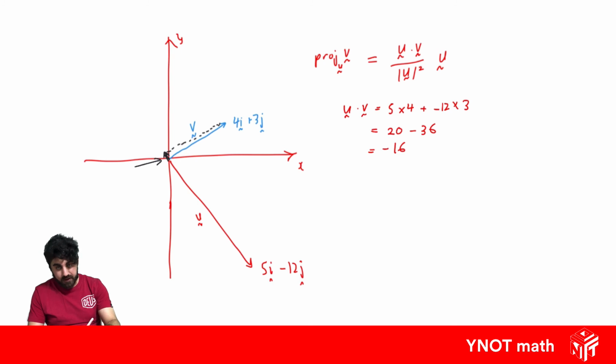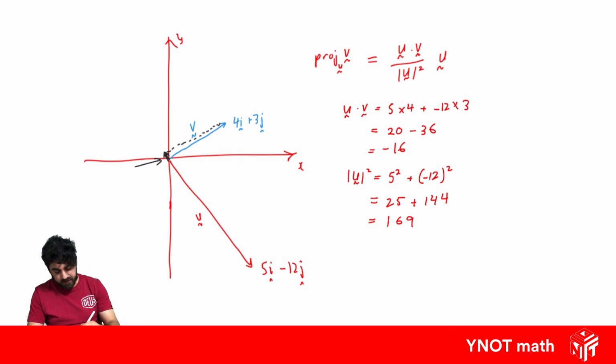Then we need the magnitude of u squared. If you're finding the magnitude of a vector squared, that's just going to be its x component squared plus the y component squared. You don't have to square root it. You do if you're finding the magnitude, but not the magnitude squared. So that's going to give us 25 plus 144, which is 169.